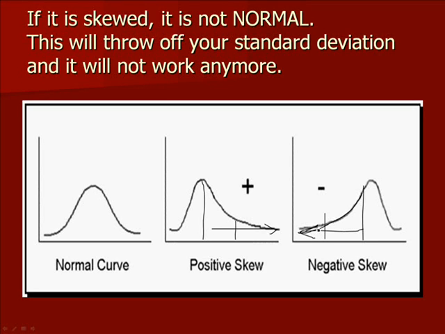Therefore, if you ever come across a situation where you have a mean score and a median score, and the mean is higher or lower than the median, the median becomes a better representation of the entire sample or the entire population. This tends to happen a lot in salaries.